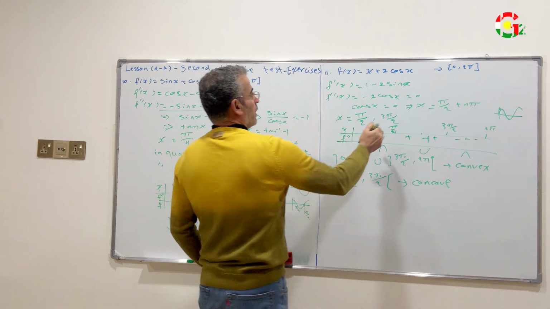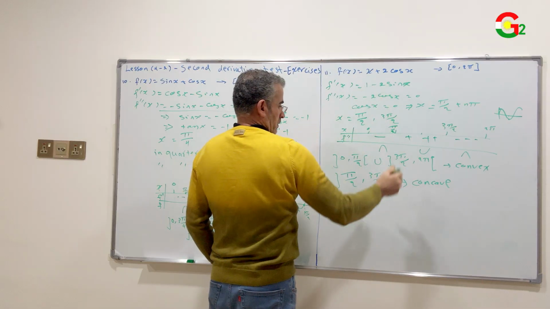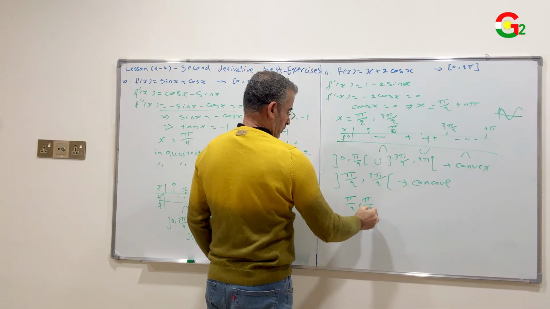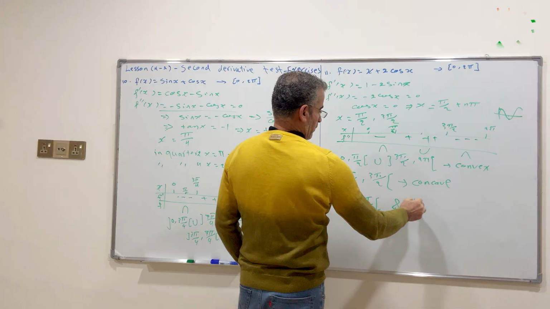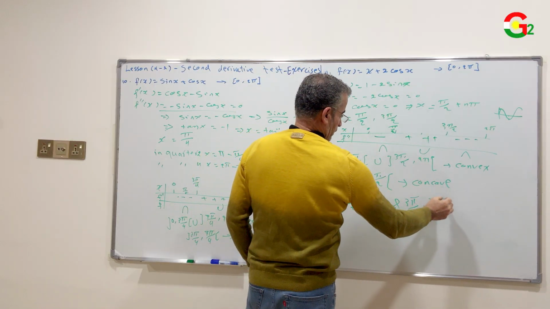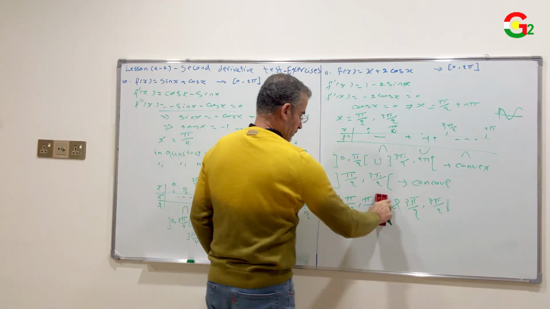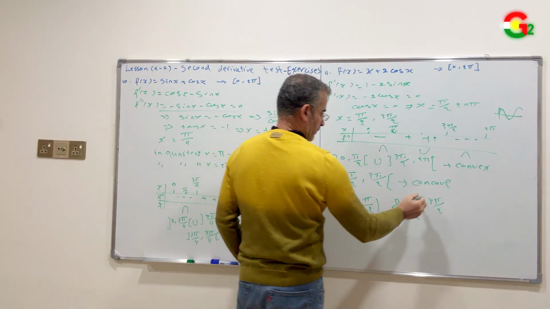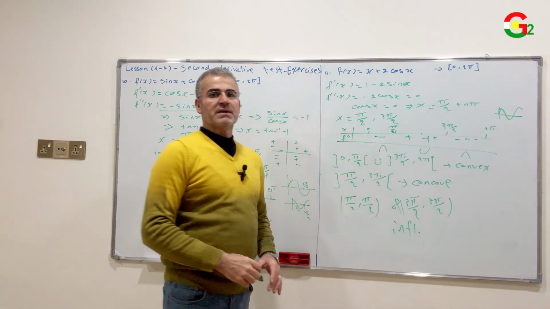And x equal pi over 2 and 3 pi over 2 are inflection points for this function.